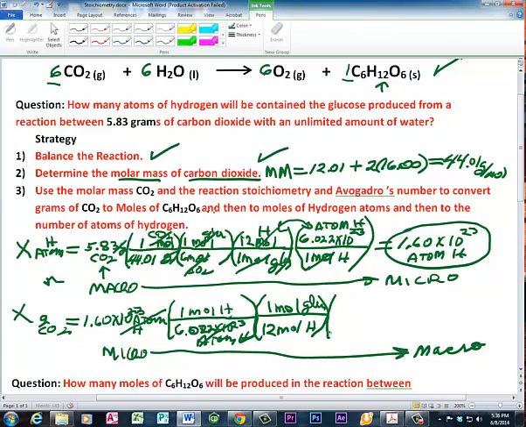And the next thing I want to do is go from moles of glucose to moles of carbon dioxide. And for this, I do use the balanced chemical reaction to get the mole-to-mole ratio. And we see that 1 mole of glucose is produced from 6 moles of carbon dioxide. And so that'll be 6 moles of carbon dioxide.